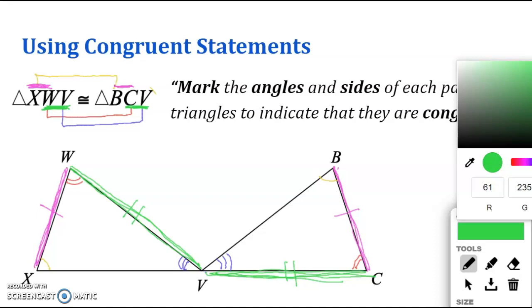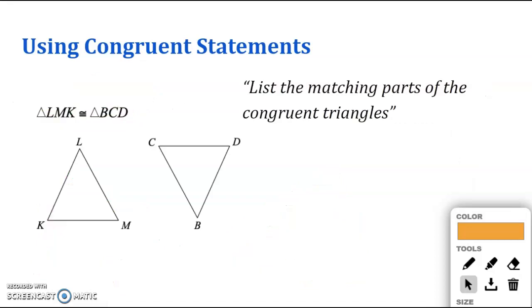And then lastly, the orange, let's say, is V with X and B with C. V with X is this one. That corresponds to this side, and so I am going to put 3 notches to say these are the corresponding sides.